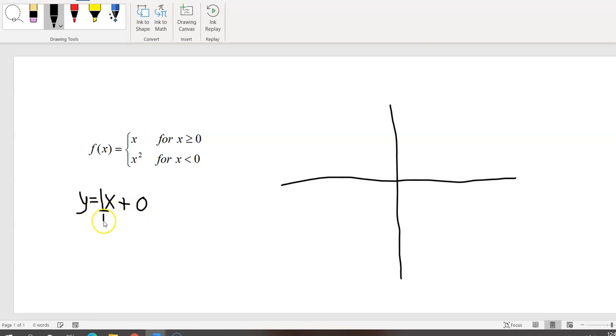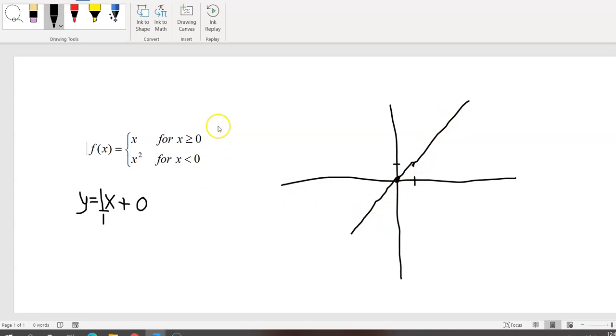All right, now let's remember that means we go to the y-intercept of 0 first. There it is. And then we go up 1 over 1. This graph is going to be a line going through the first and the third quadrants.